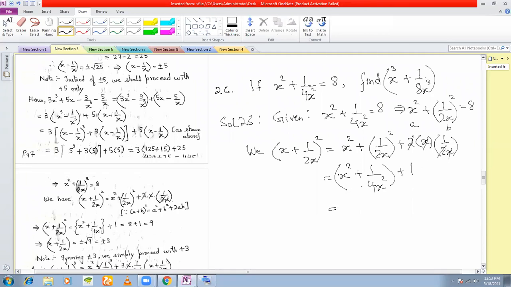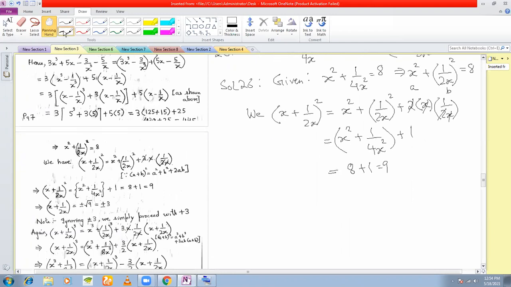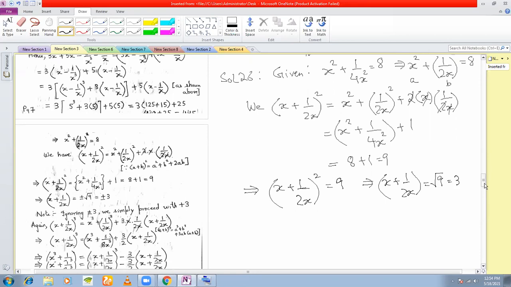And what is x square plus 1 by 4x square given? It is given as 8 plus 1, which is equal to 9. So how much we are getting? We are getting x plus 1 by 2x whole square is equal to 9. That means x plus 1 by 2x is equal to square root of 9, which is equal to 3. Okay, so we've got the power 1.